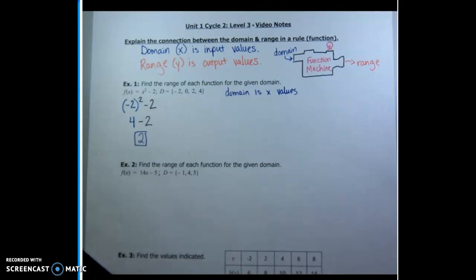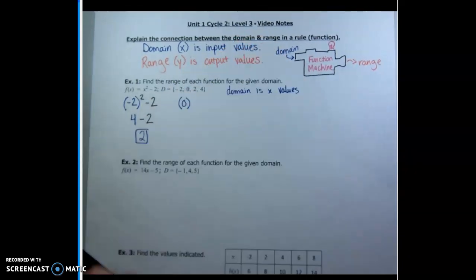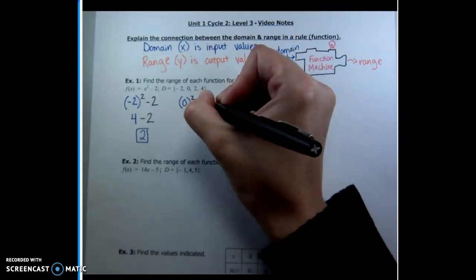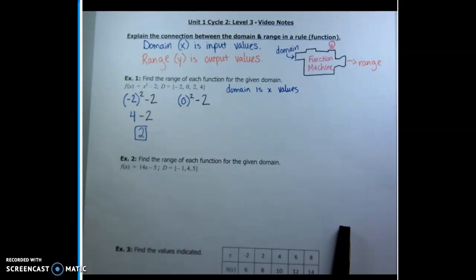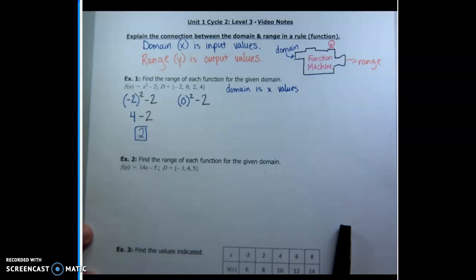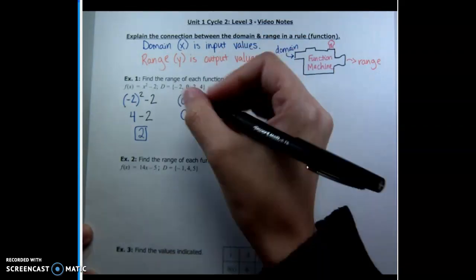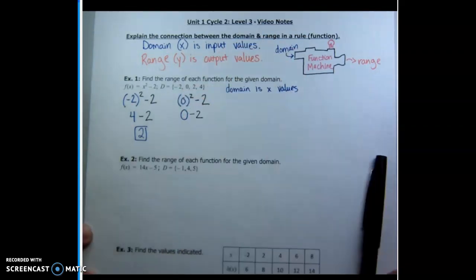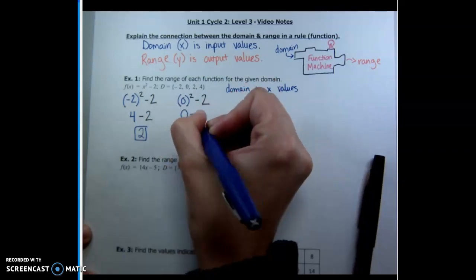The next is 0. 0 squared minus 2. So 0 times itself is 0. Then we bring down our next step, it's minus 2. So 0 minus 2 is negative 2.